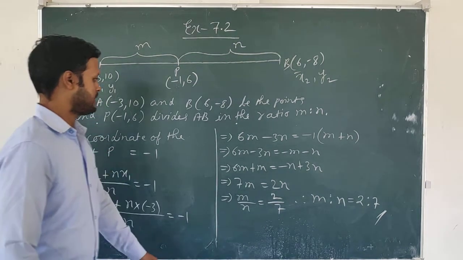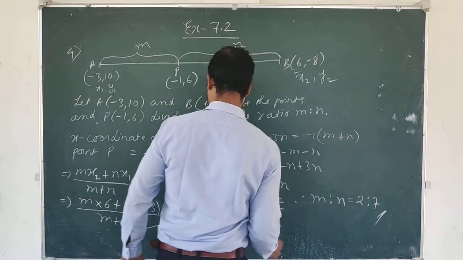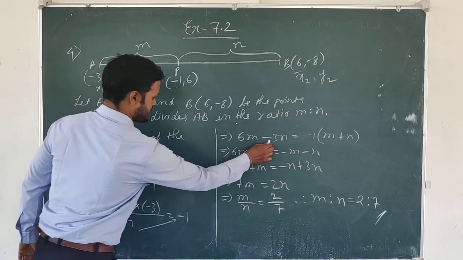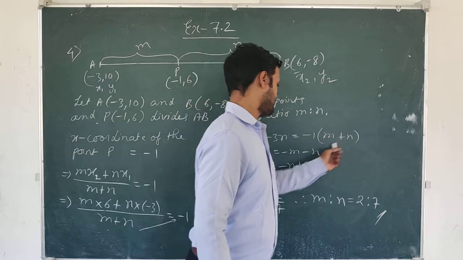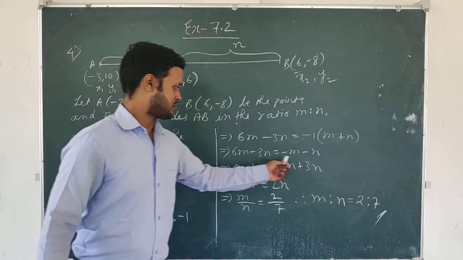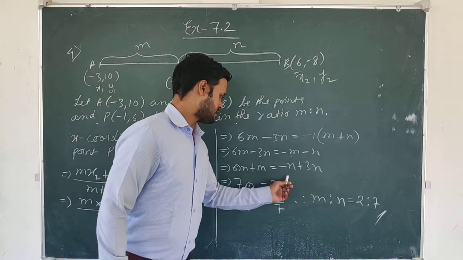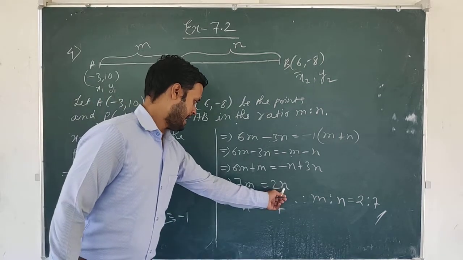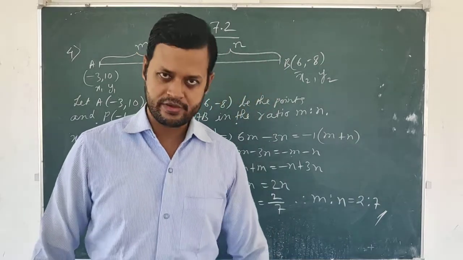M plus n, you just cross multiply. 3n minus n will become 2n. Just cross multiply n and bring this side, so m by n is equal to 2 by 7. Therefore m is to n is equal to 2 is to 7. Is it okay?